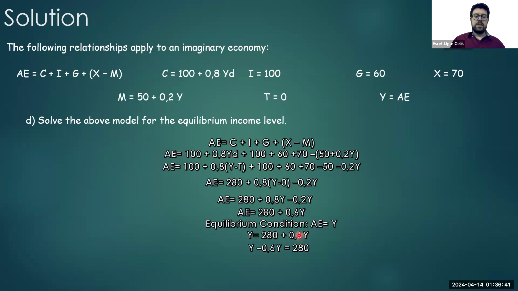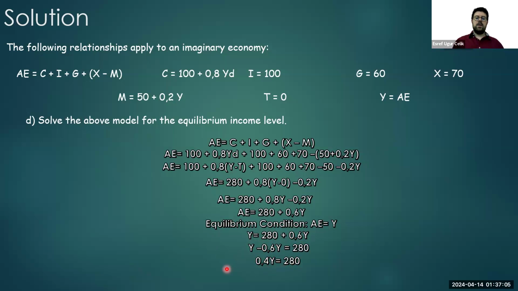That's 0.6Y. Go to the other side with a negative value. So Y minus 0.6Y. This looks like 1 minus 0.6. So 0.4Y equals 280.